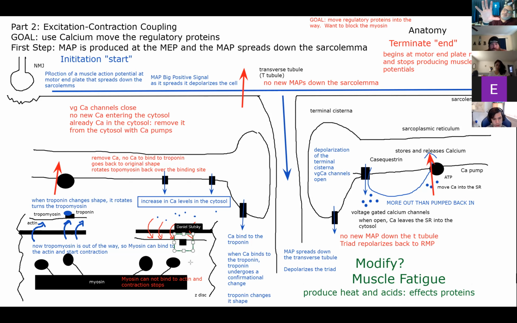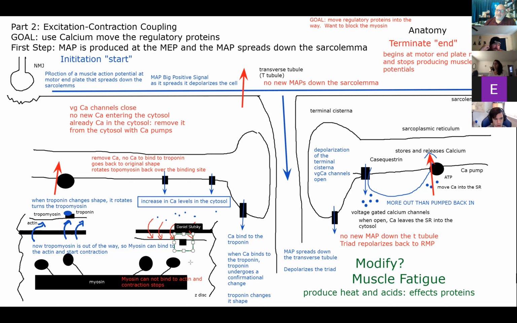When the temperature and the pH change, troponin changes its shape. And now it becomes a lot harder for the calcium to bind to it. And if less calcium can bind to fewer troponins, fewer regulatory proteins are going to move out of the way. And if fewer regulatory proteins move out of the way, what's going to happen to the number of myosins that can grab and pull? It's going to be less.